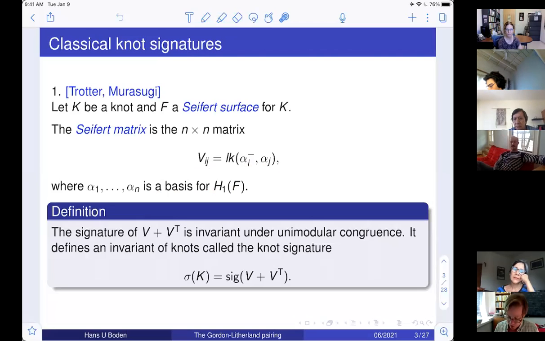You symmetrize that matrix, namely you add it to its transpose, and you note that that symmetrized matrix, its signature is invariant under unimodular congruence. So it's actually independent of the choice of the basis, and that defines an invariant of the knot called the knot signature.